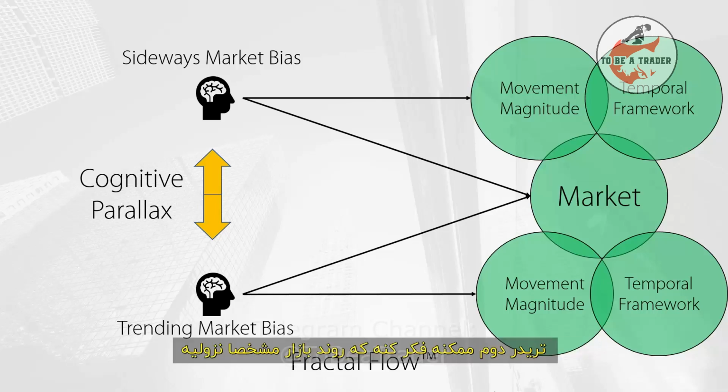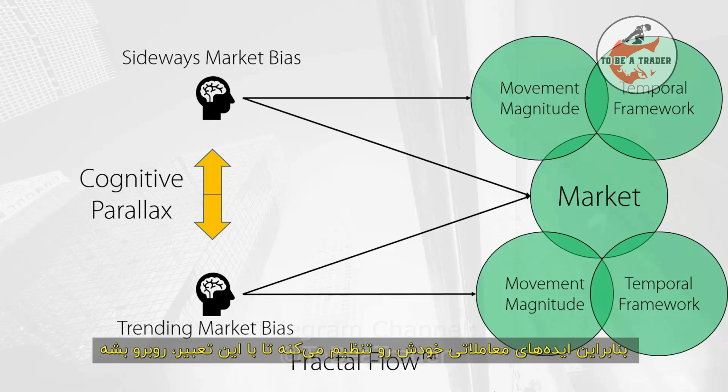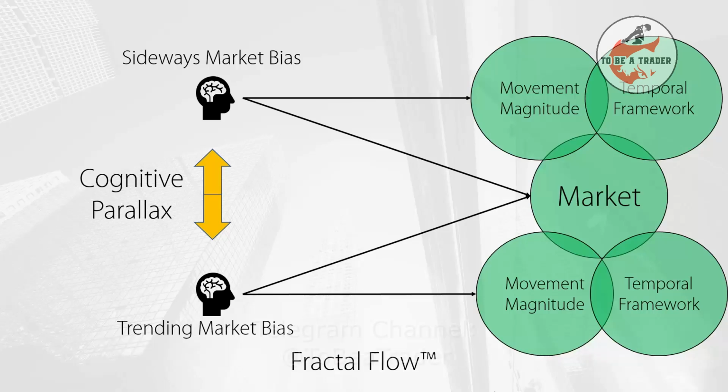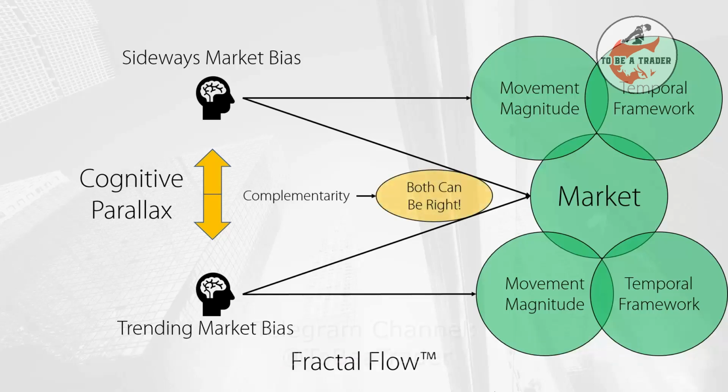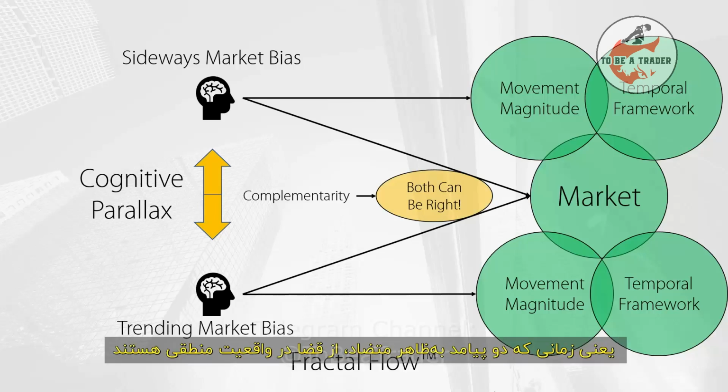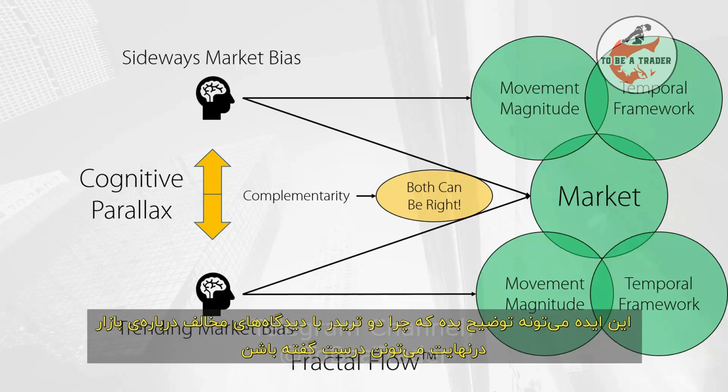Trader 2 might be thinking that this market is in a clear downtrend, therefore he adjusts his trading ideas to conform with that interpretation. Both traders can be right and make money simultaneously. That's called complementarity, which is when two apparently contradictory outcomes happen to make sense in reality. This idea explains why two traders with opposite views of the market can both end up being right about it.